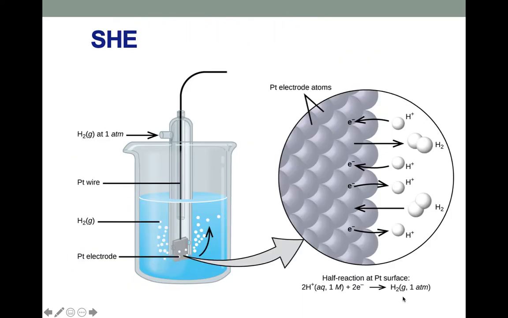And what happens on a standard hydrogen electrode is shown here. We have a platinum electrode, and we have it within a porous glass tube. So liquid is allowed to go in and out of that electrode. Gases are allowed to go in and out. And this is kind of what it looks like, and you notice they're pumping hydrogen gas into this tube. And this is kind of how a pH electrode works.